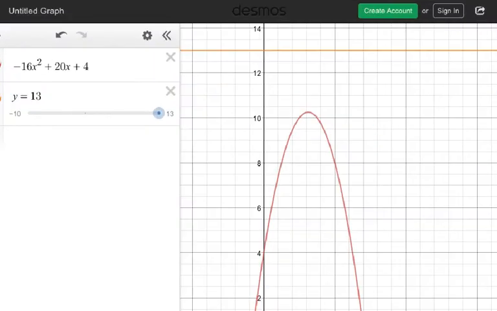So let's model this. Notice that right here, it starts at 4 feet. The parabola actually begins at 4 feet. So this would be like Romeo is standing right here, and his arm is 4 feet from the ground, and he's ready to throw the rose up to her.